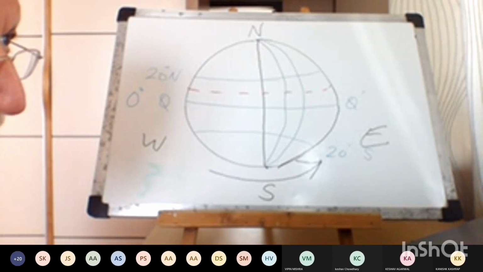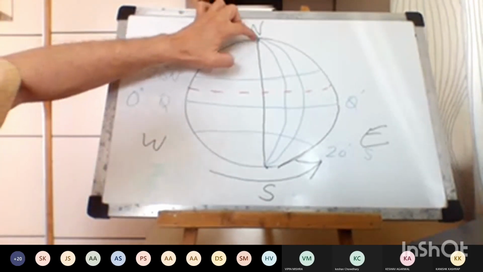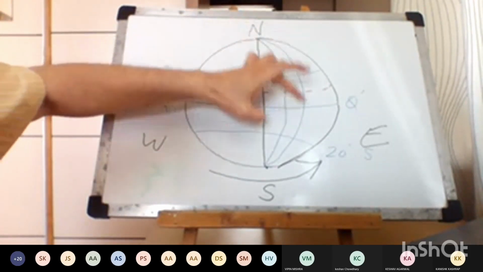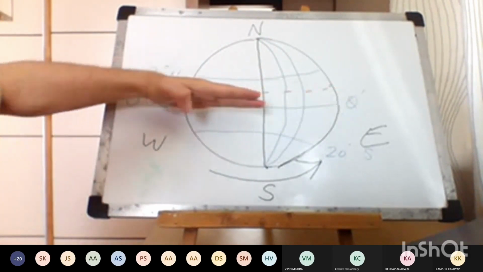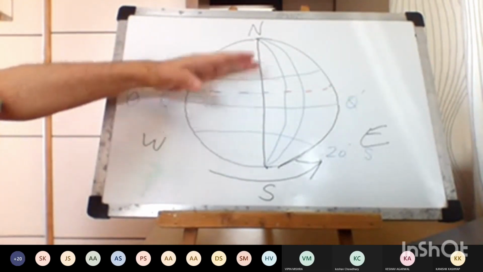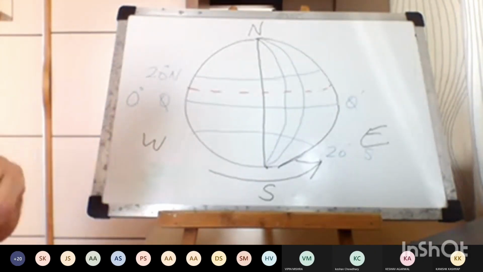Because the plane of it will pass through the center of the Earth. How is it possible that I have drawn two great circles from the same point, north and south, whereas in the case of the equator, I said only one great circle, and these are small circles? Any idea?